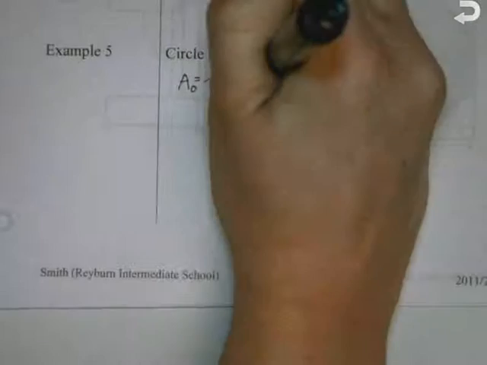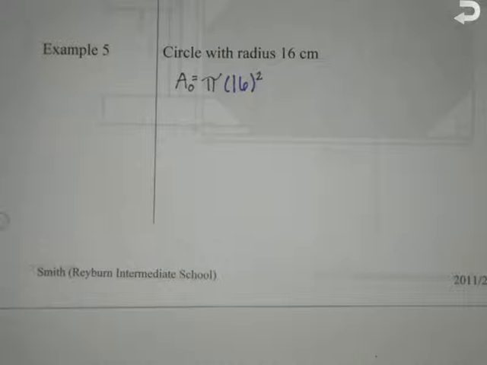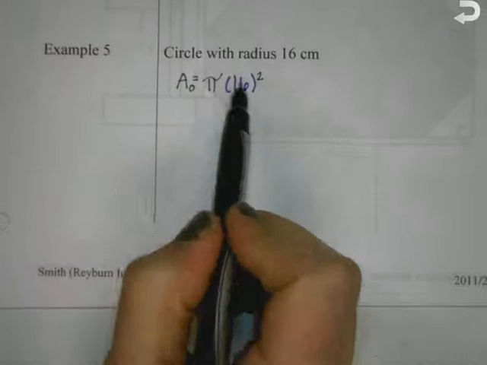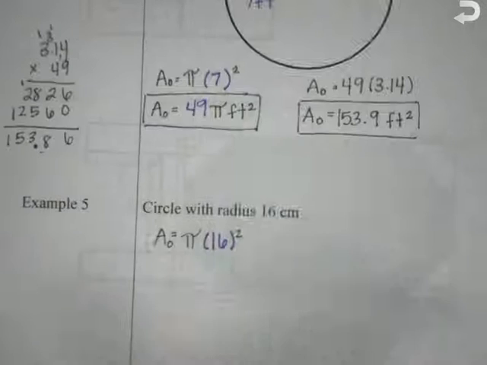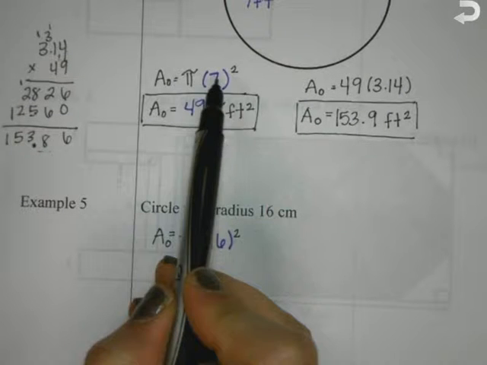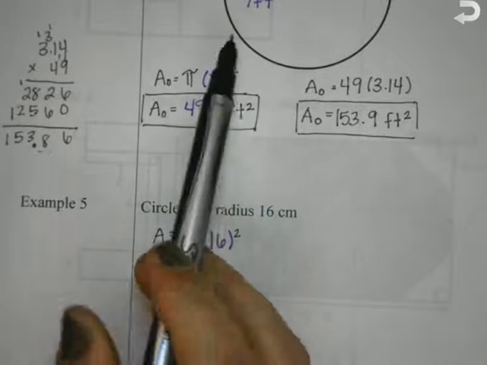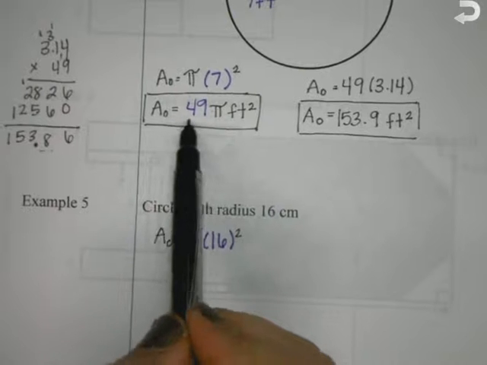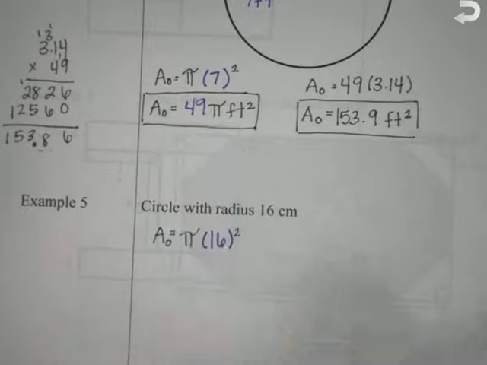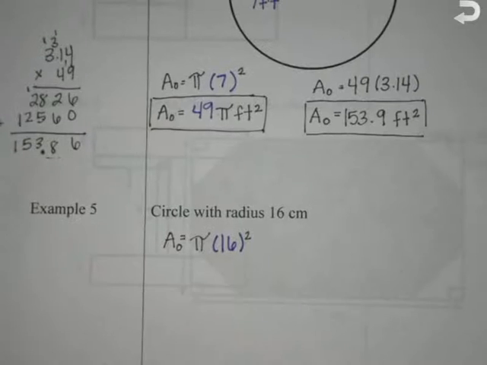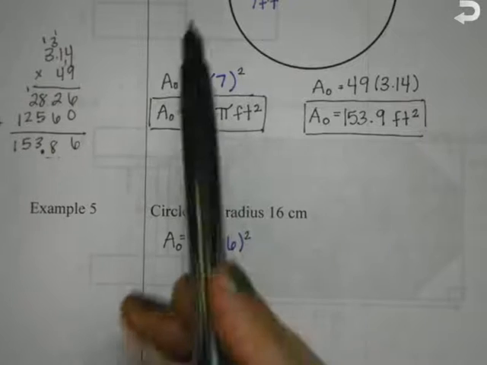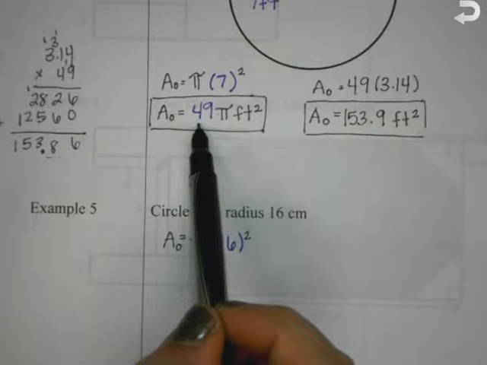Okay, what is 16 squared? Anybody know? Very good. So this is 256 pi. And what are my units? Centimeters. And area is always centimeters squared.